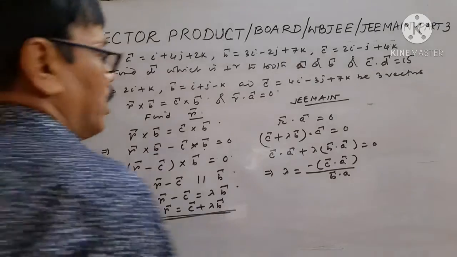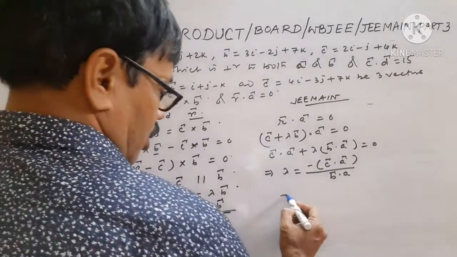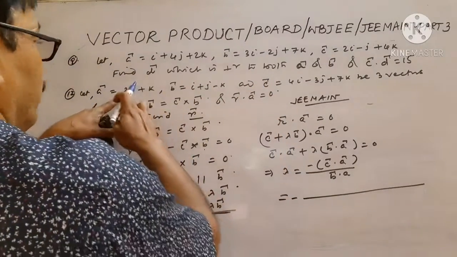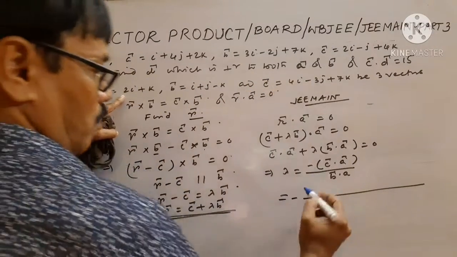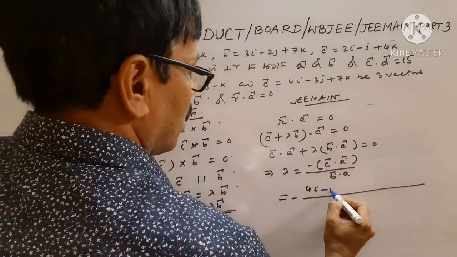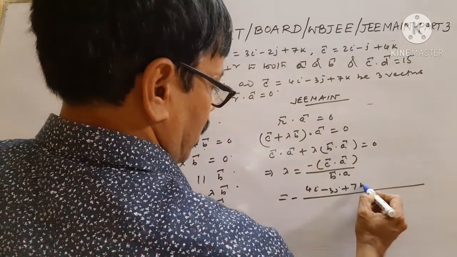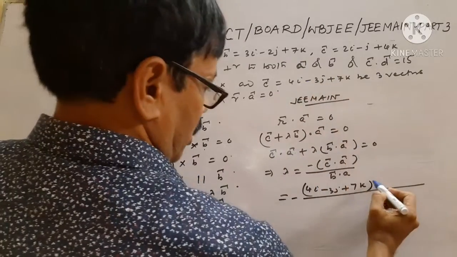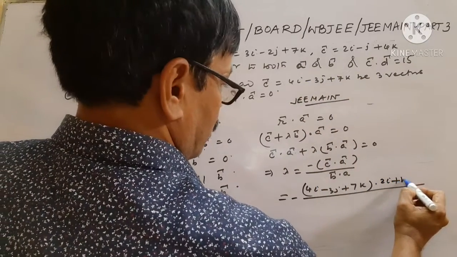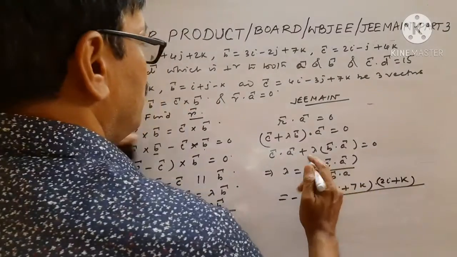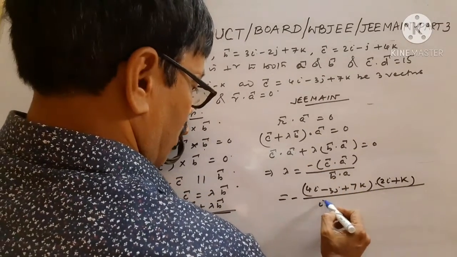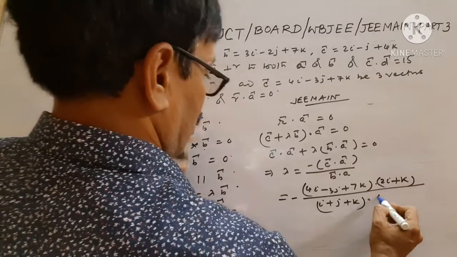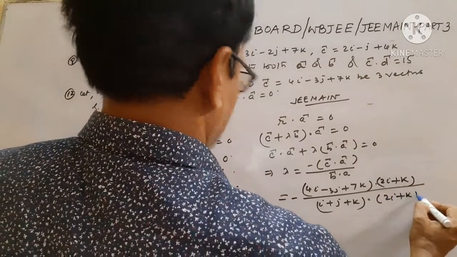Now, what is C dot A? C dot A with a minus sign. 4i minus 3j plus 7k dot 2i plus k. This is B dot A, i plus j plus k dot, what is A? 2i plus k.